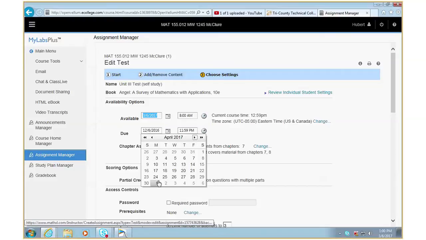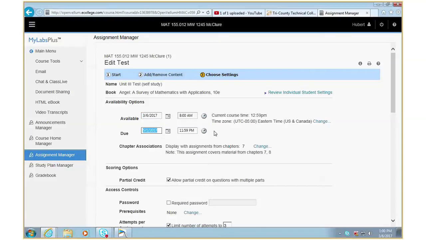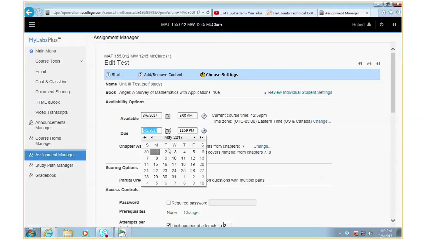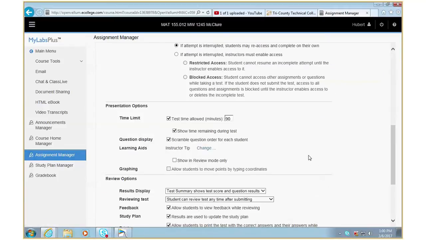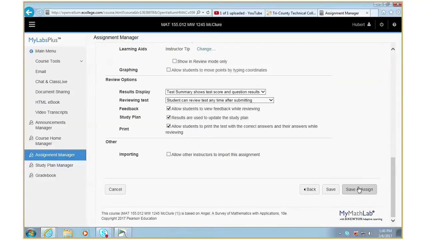I think the next week is exams. When is exams? Somebody tell me that day. It's on your test. What are they? Sorry, to the what? It goes to the 3rd. So I'll make that the 3rd. Save and assign.